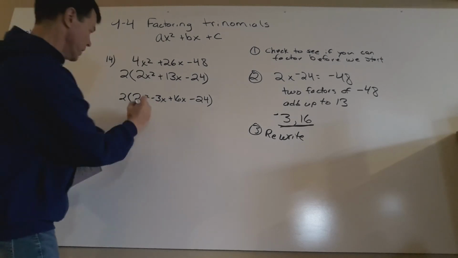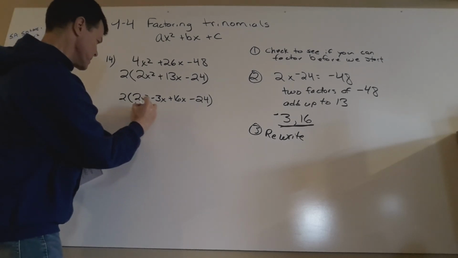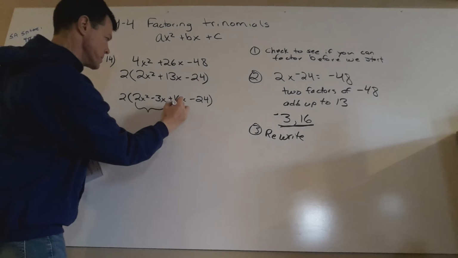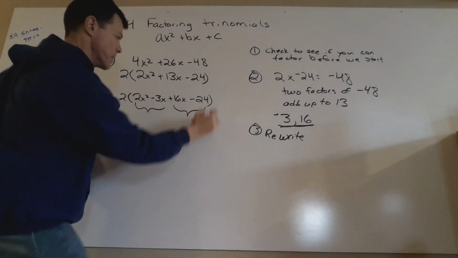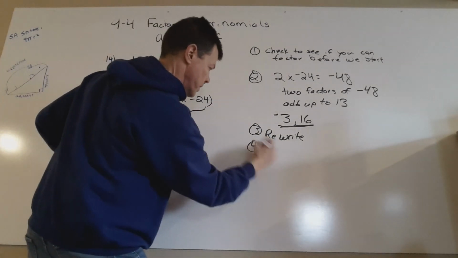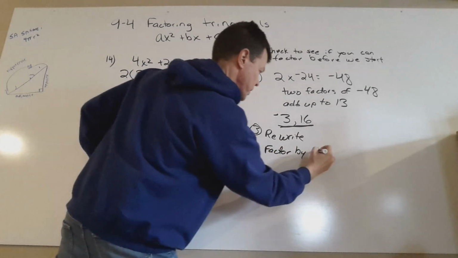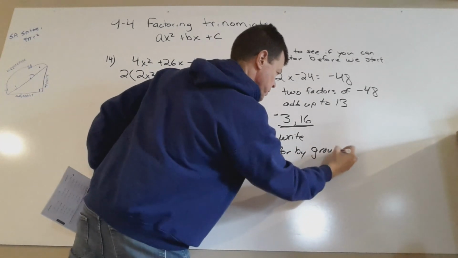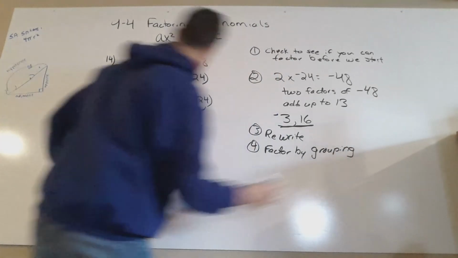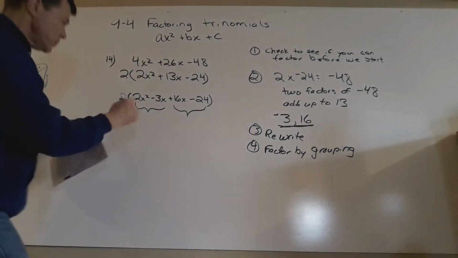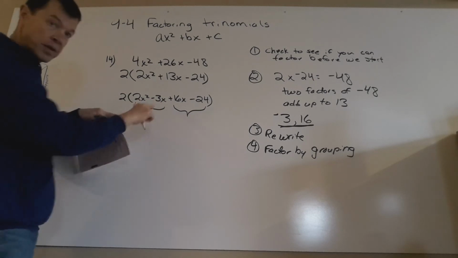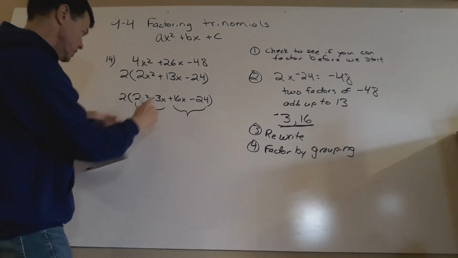Now we factor by grouping. What can I factor out of 2x squared minus 3x? Just an x.